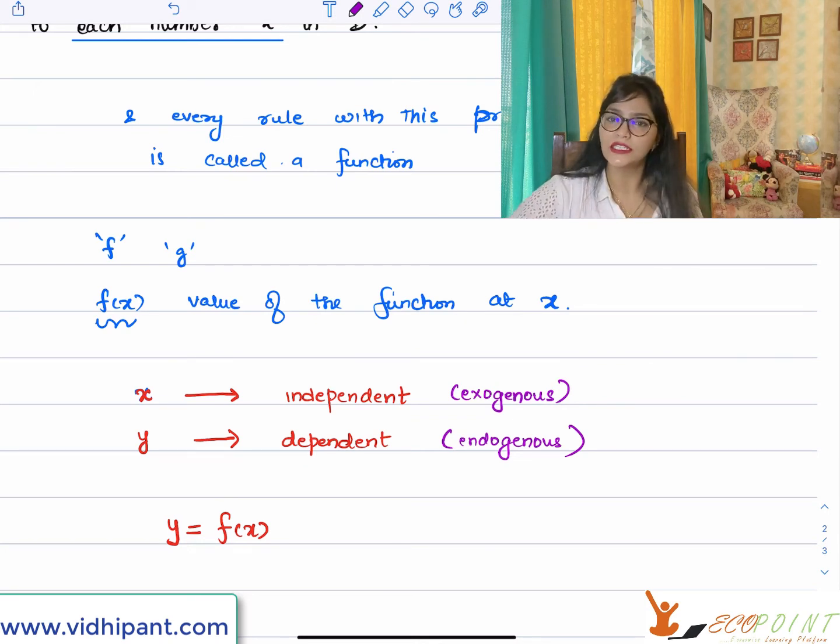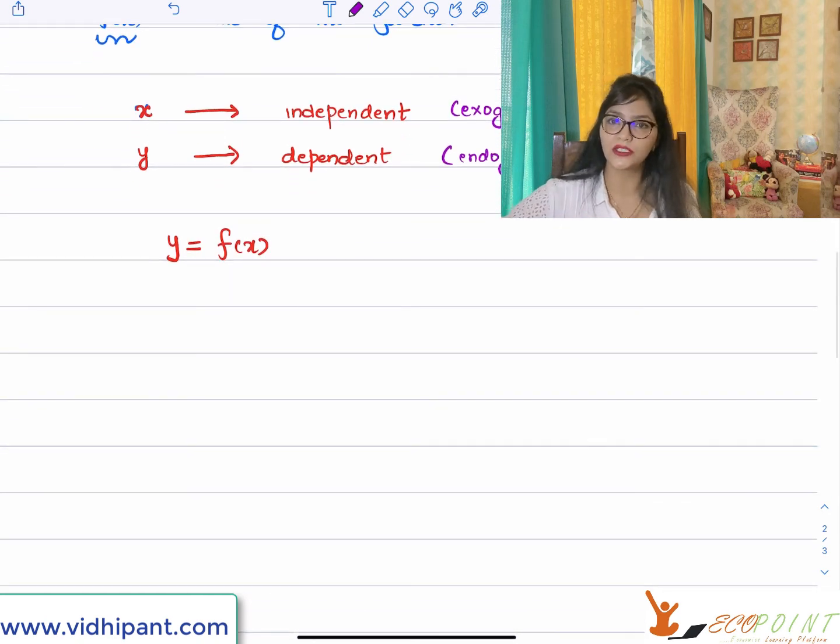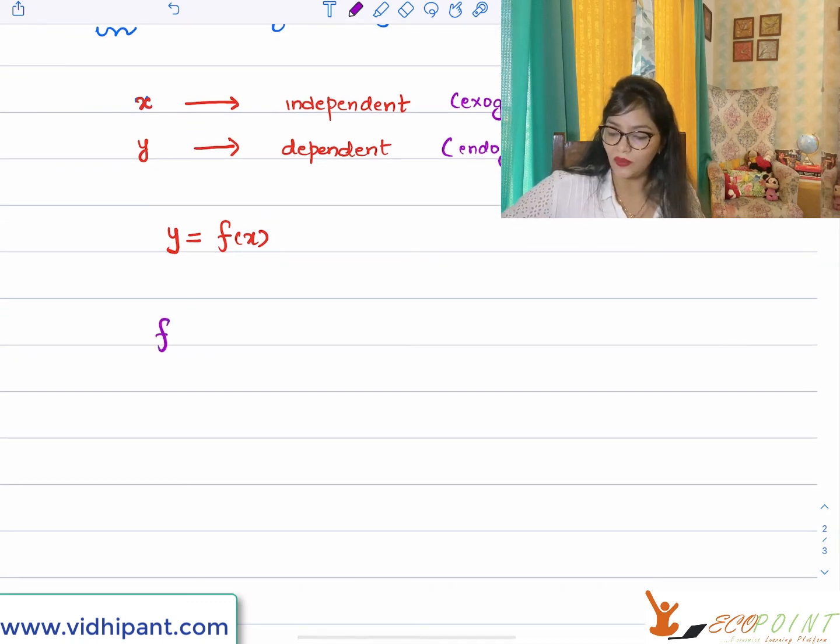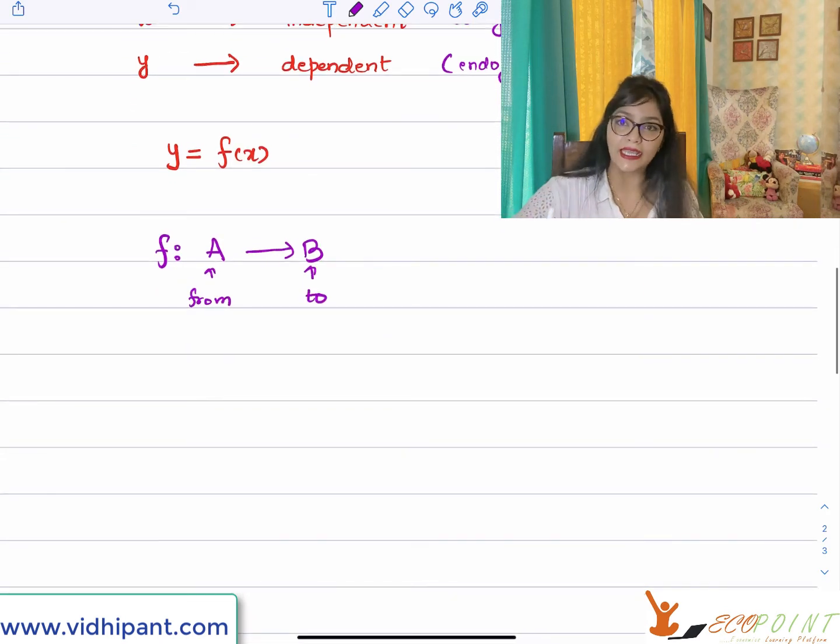So this is the definition of a function. This is what a function actually means. So what does this actually mean? It means that if I write down a function from A to B, if I write down f is from A to B, that means f is a function.